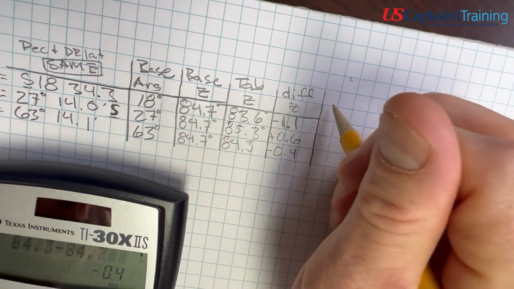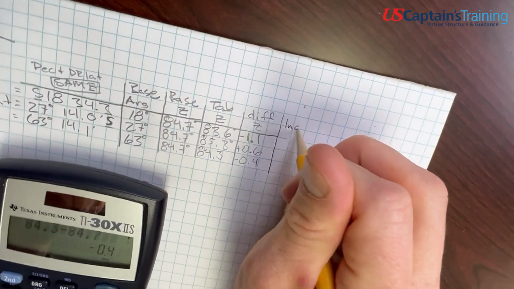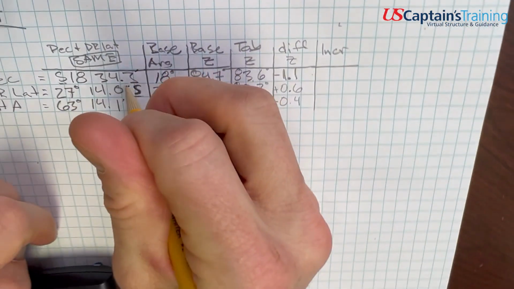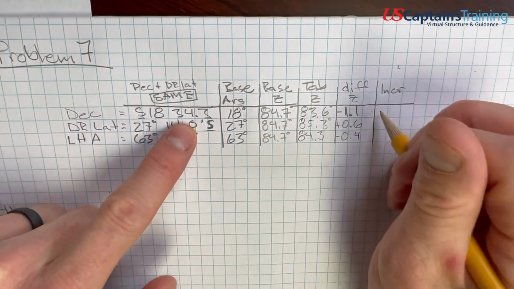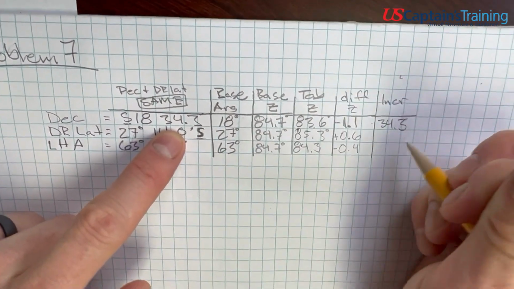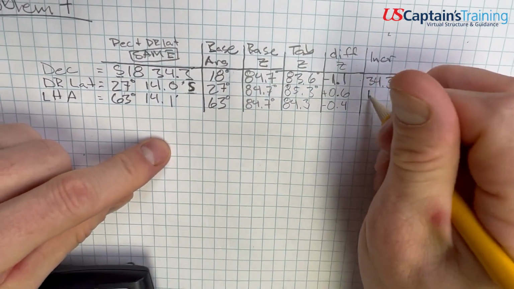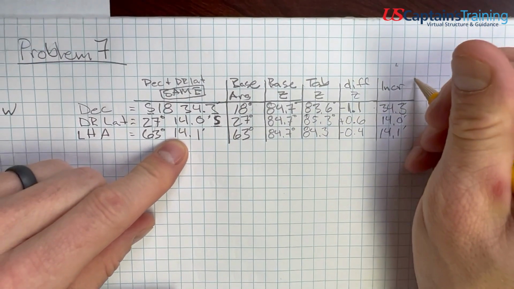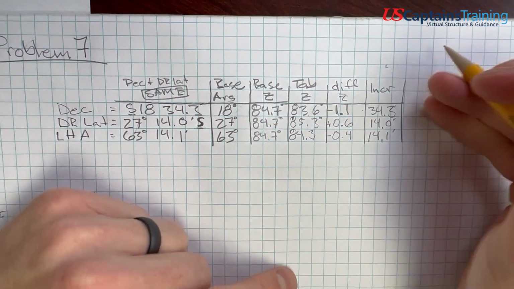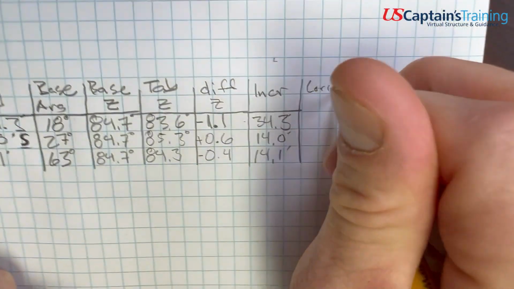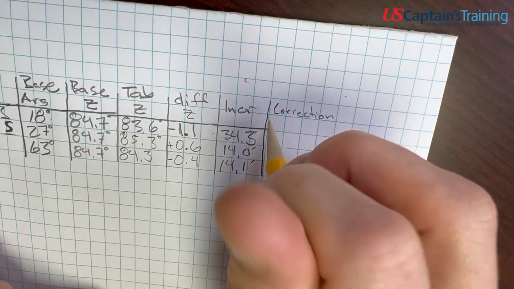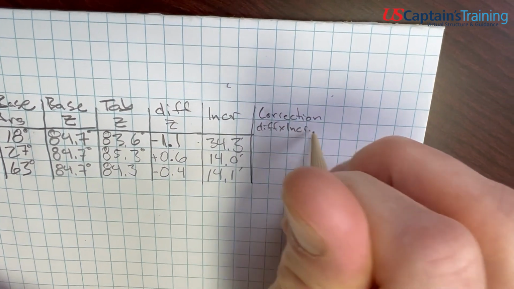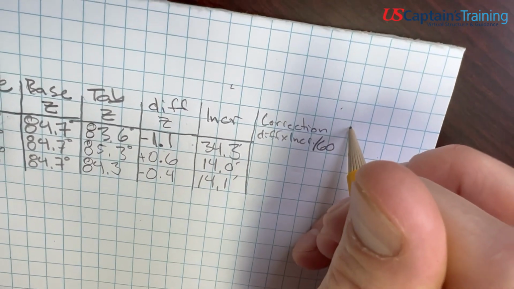Our next column is going to be the increments. We record our increments over here, which is simply the minutes that we were dealing with: 34.3 minutes, 14.0 minutes, and 14.1 minutes. Now we can find the correction. The correction is equal to the difference times the increments, all divided by 60.